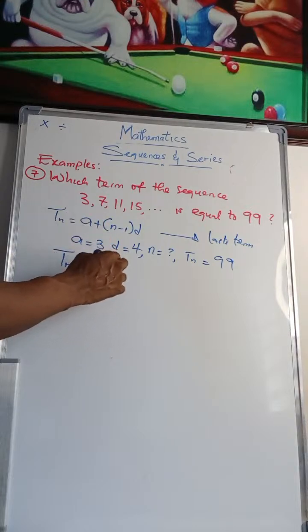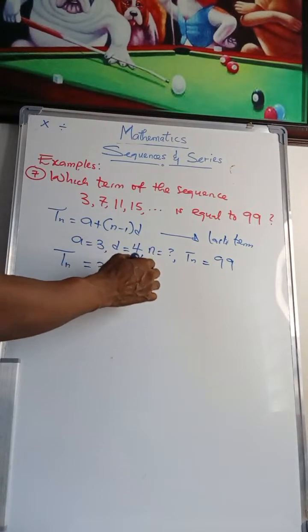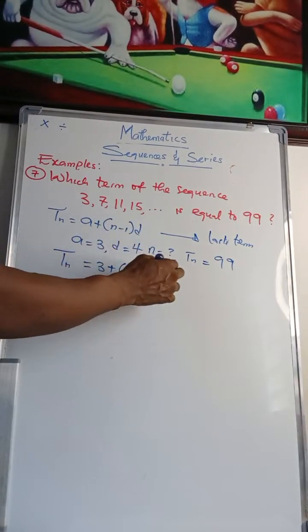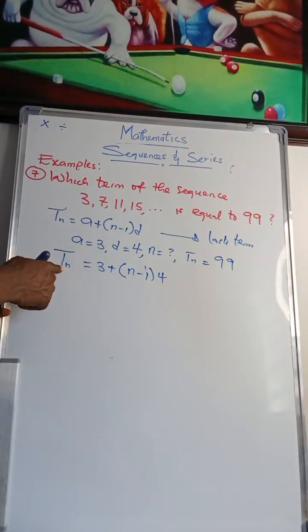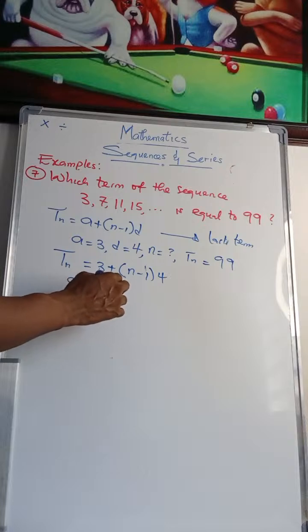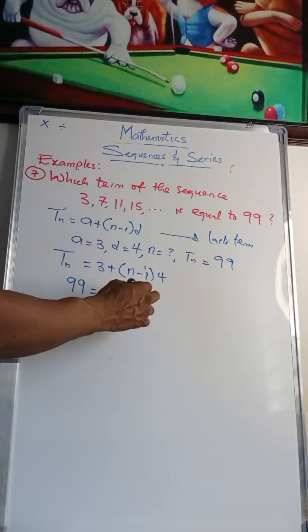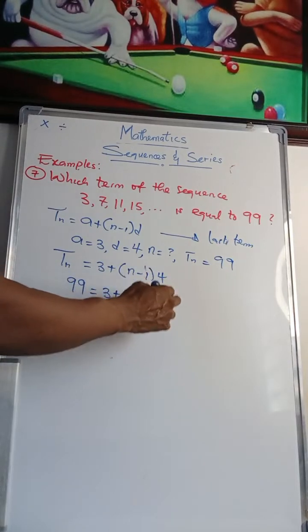A is 3, n we don't know, so n minus 1, and the common difference is 4. So we have 99 equals 3 plus, we open this bracket here, 4 times n will give us 4n, 4 times 1 will give us 4.